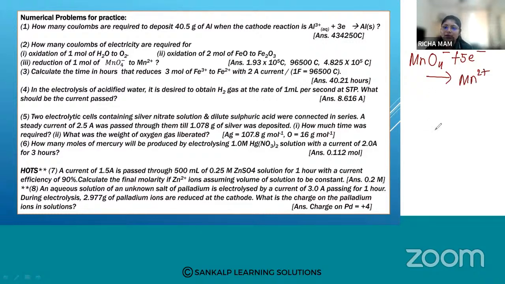See here, MnO4 minus: x plus 4 into minus 2 equals minus 1. So x minus 8 equals minus 1, so x is equal to plus 7. Plus 7 goes to plus 2.